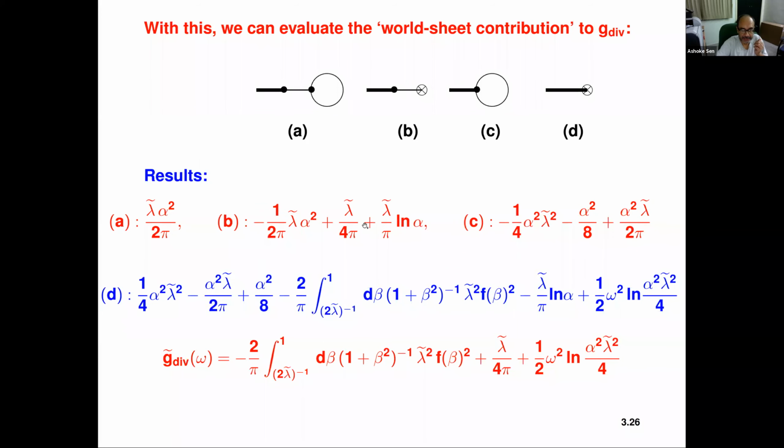And here are the results that we get. We see that each diagram gives pretty complicated results. This is the contact interaction. This gives complicated results just because the boundary of this region is complicated in the Vx space. And you see that there are all kinds of dependencies on the parameters alpha, lambda tilde, as well as a function f over here.